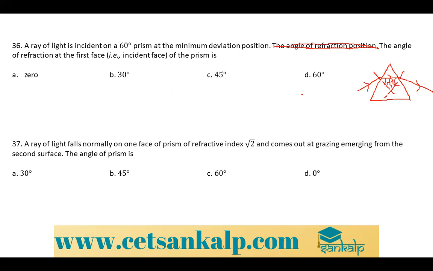So angle of prism A is equal to R1 plus R2. Since there is minimum deviation, it becomes R plus R, 2R. A is already given as 60. If A is 60, R is equal to A by 2, which is 60 by 2, 30 degrees.